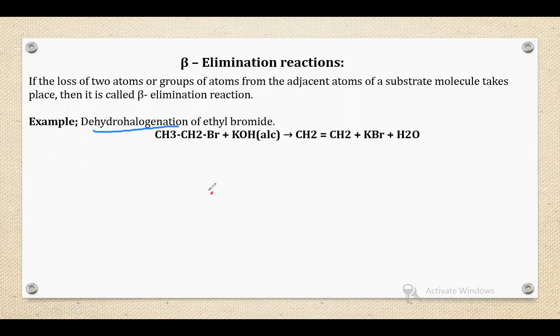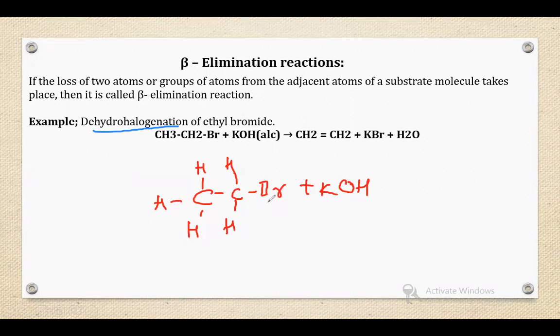I'll write CH3, CH2, and Br, and treat with KOH, potassium hydroxide, K plus and OH minus. The carbon bearing the bromine is the alpha carbon, and the next one is the beta carbon.